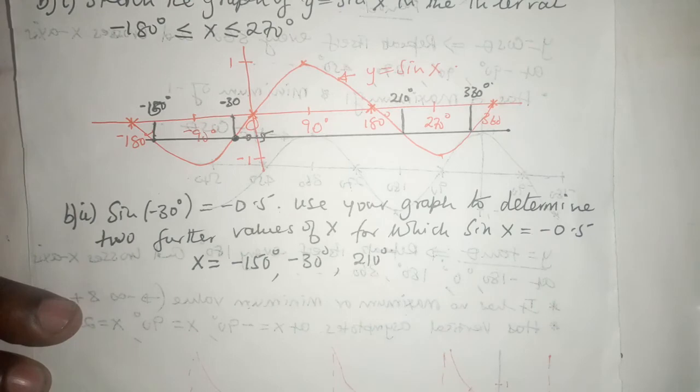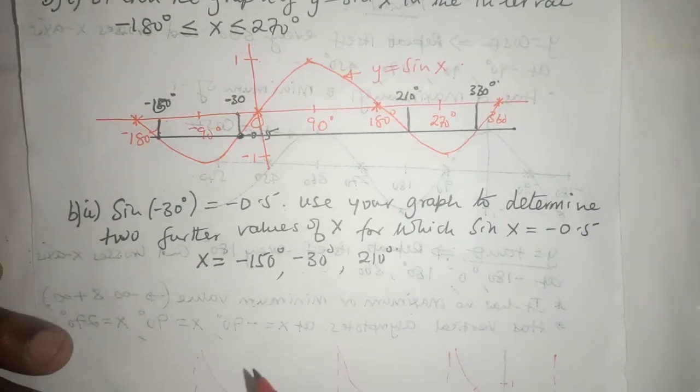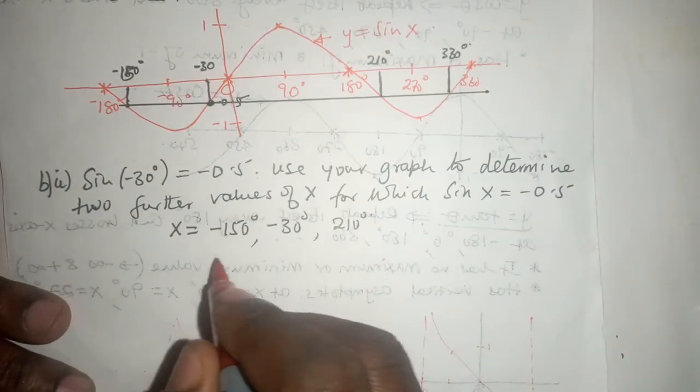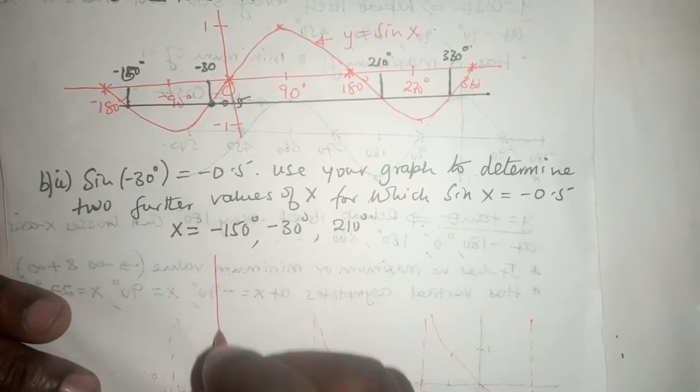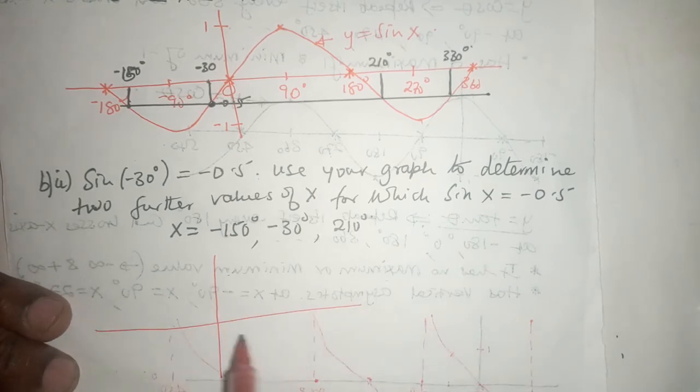But I want us to give this question a different approach, and we are going to use the unit circle as we know it. The sine of negative 30 degrees is negative 0.5.